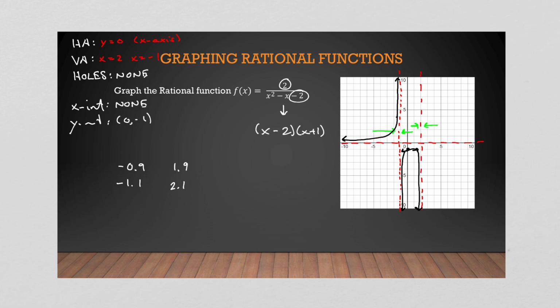And then I also tried negative 10 and positive 10, just to show that my y values start to get infinitely close to 0. So they're both approaching 0, but from the positive, which is why I also have my other half of the graph on that side of my x-axis.